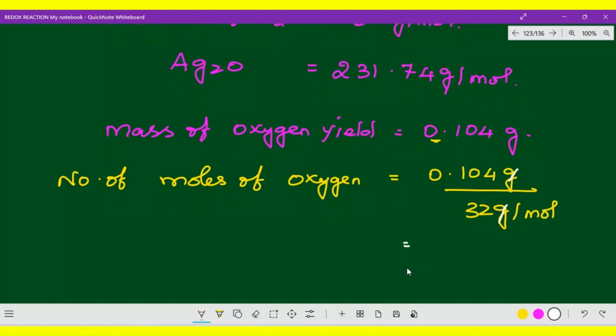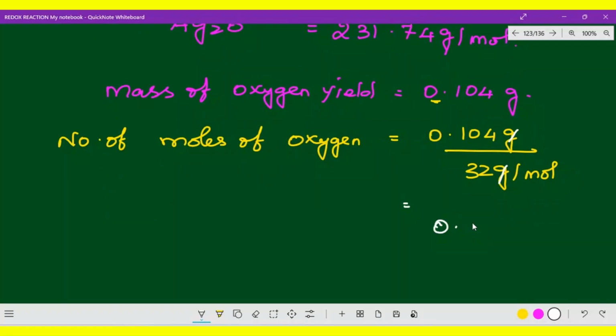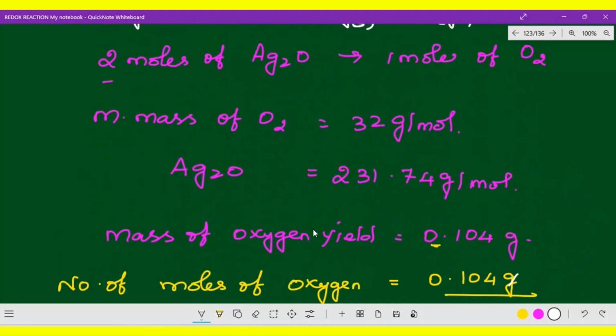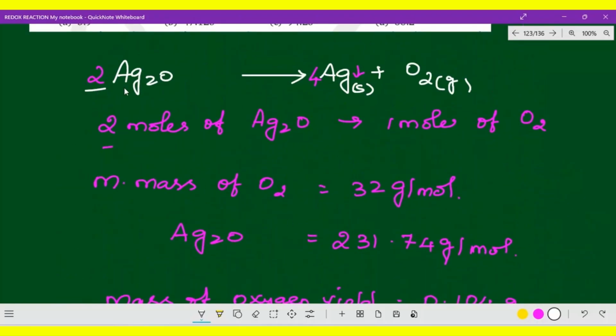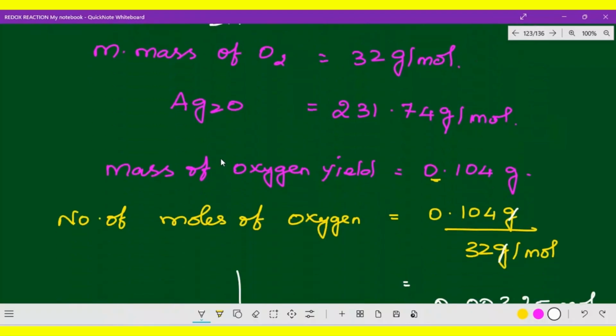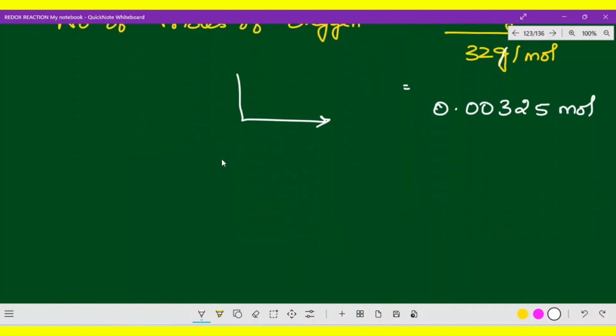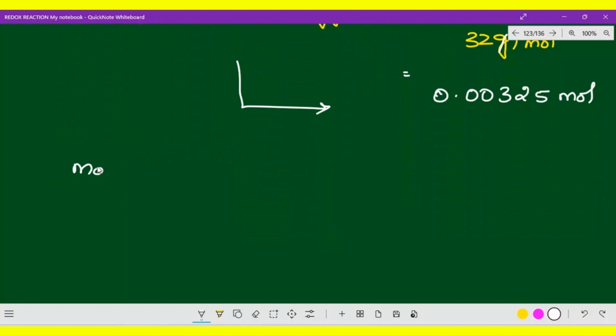Now which is the answer you will get? 0.00325 mole. So number of moles of oxygen is this. Now the ratio in the equation is 2:1. Here 2 moles of silver oxide can give 1 mole of oxygen, that is 2:1. So the molar ratio is 2:1.